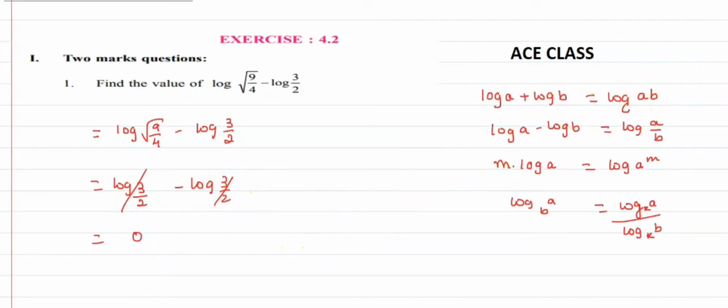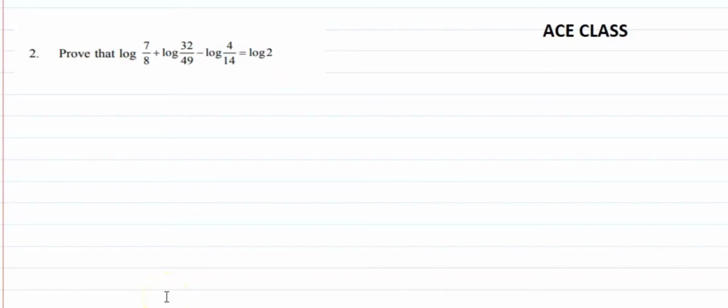Hope you understand. Next: log 7 by 8 plus log of 32 by 49 minus log of 4 by 14 will be equal to log 2. For that, I'll consider my LHS. What is there in the LHS? The left hand side is log 7 by 8 plus log of 32 by 49 minus log of 4 by 14.